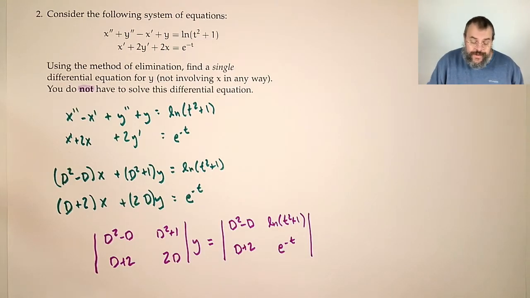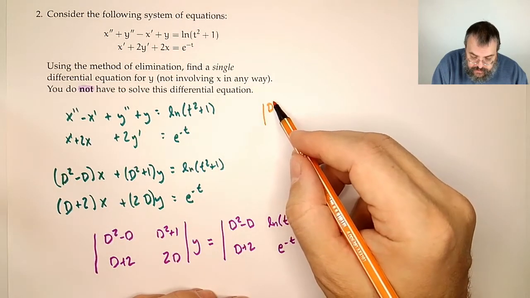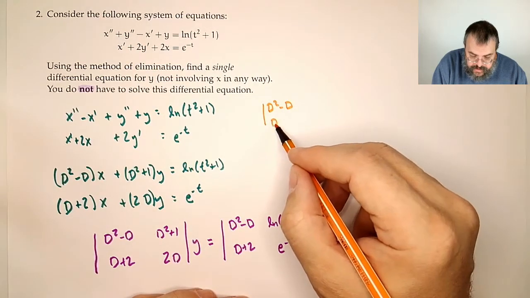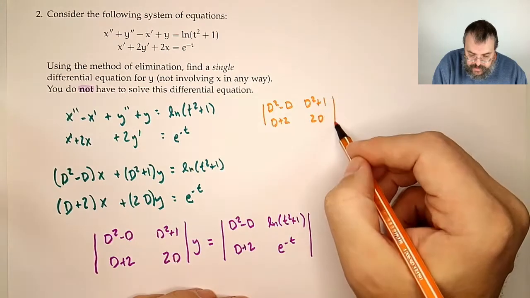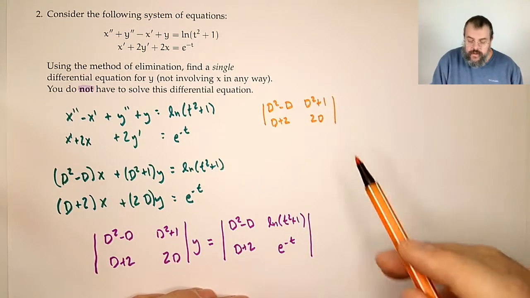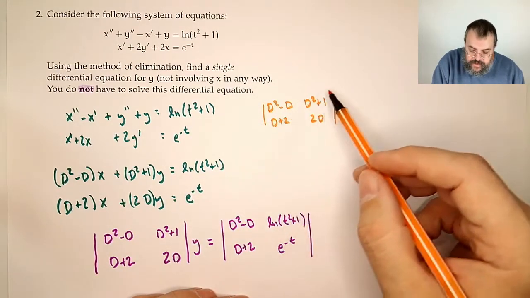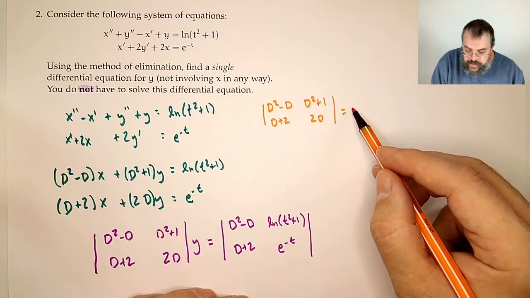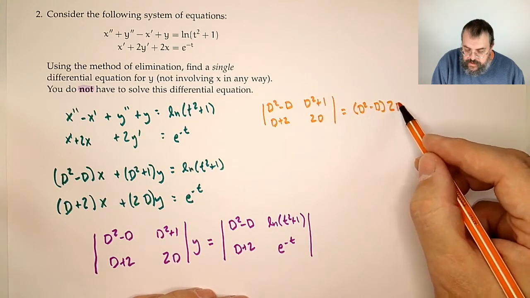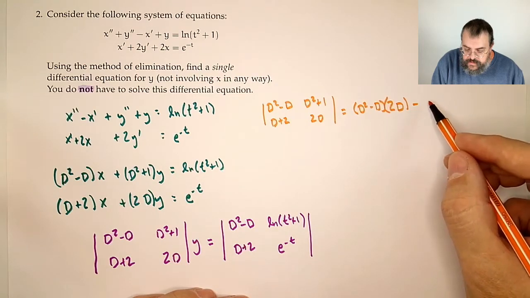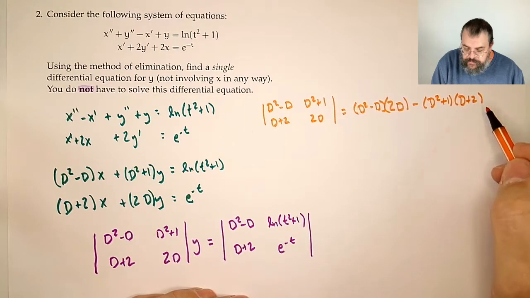Let's start with the one on the left. D squared minus D, D squared plus 1, D plus 2, 2D. And its determinant as always, you've got your diagonals, so add, subtract. We're going to have (D squared minus D) times 2D, subtract (D squared plus 1) times (D plus 2).